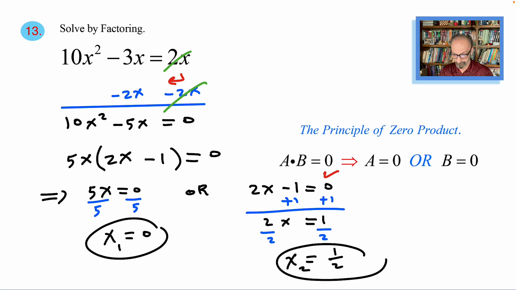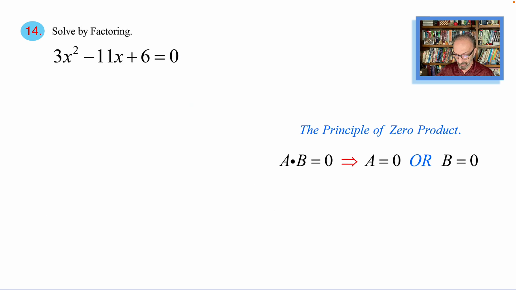Number 14. Solve by factoring. So we will end up with, just like last time, 3x times x will give me 3x squared. For 6, I have options: 1 times 6, or 6 times 1, or 2 times 3, or 3 times 2.